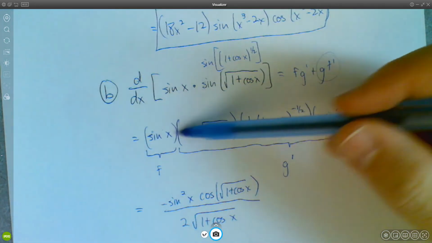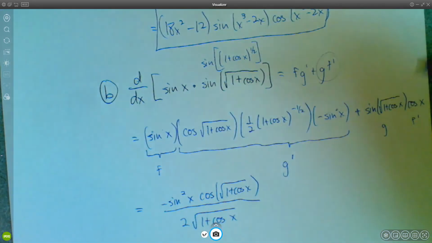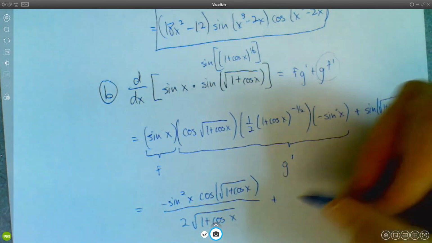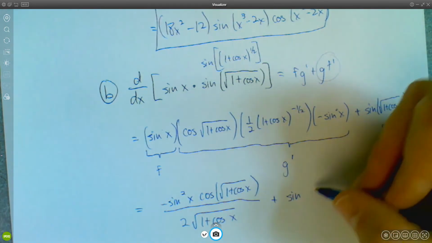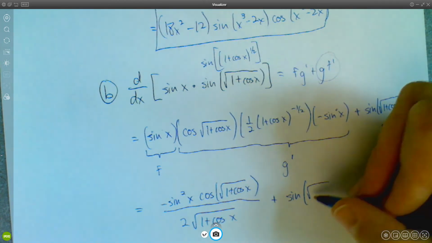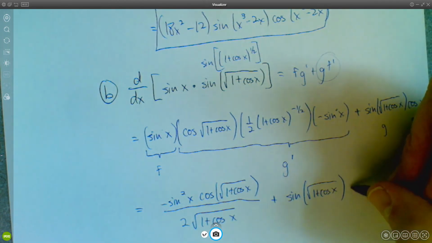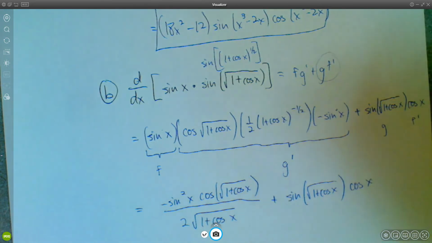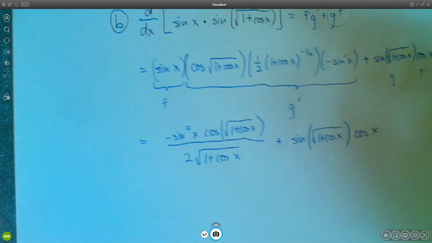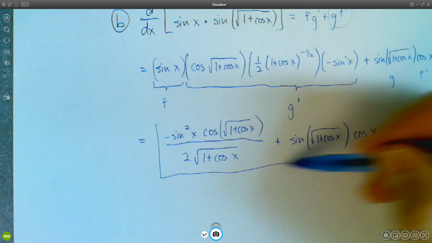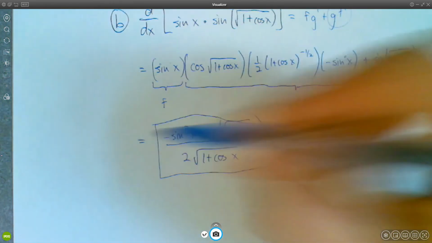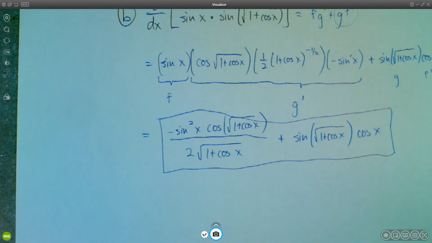Okay, so that takes care of all of this stuff. And then the second one is sine of the square root of 1 plus cosine x times cosine x. I don't think there's much chance that it's going to end up looking much more simple than that. So that's where I'm going to leave my answer on that one.